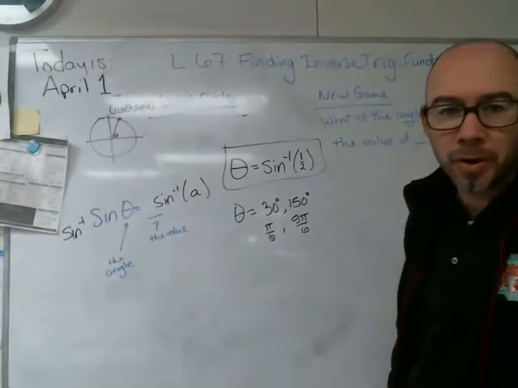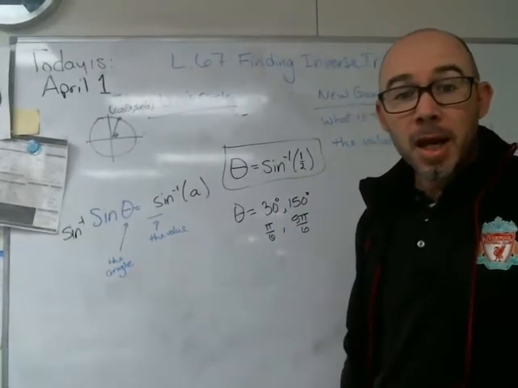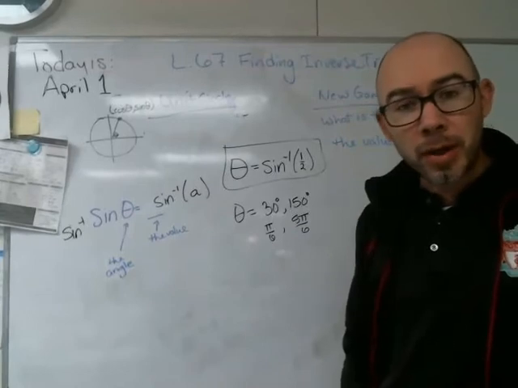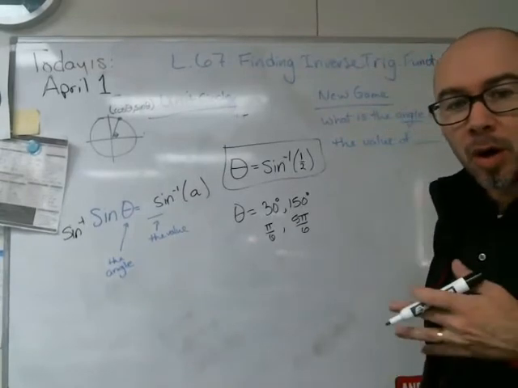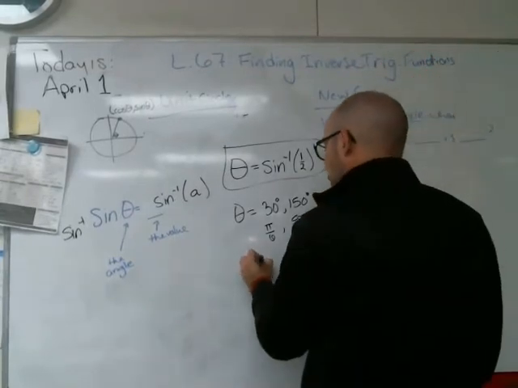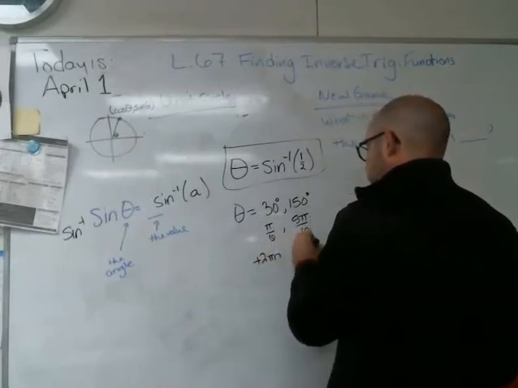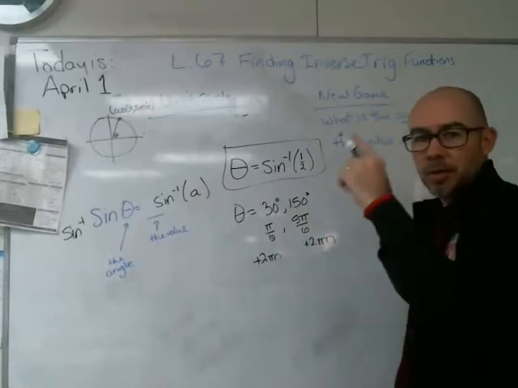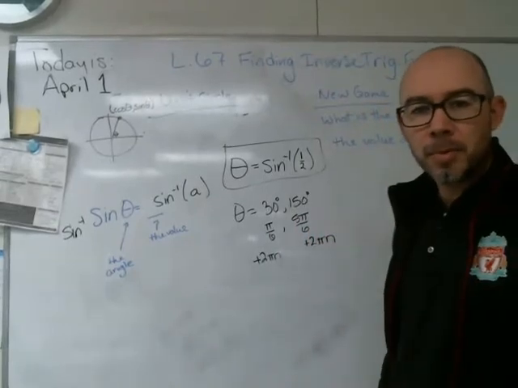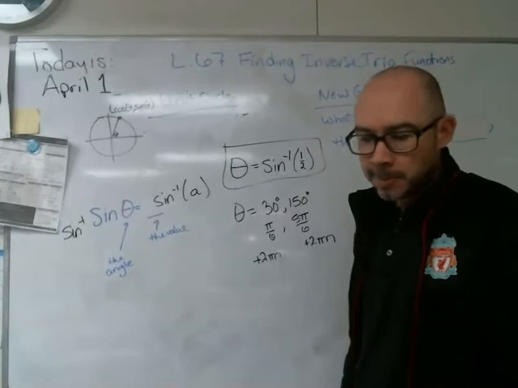You'd have to say both of them. And if they ask for all real numbers, or all the values, you have to add plus 2 pi n. That just means if you rotate around the circle again, you'd end up right back at that place.